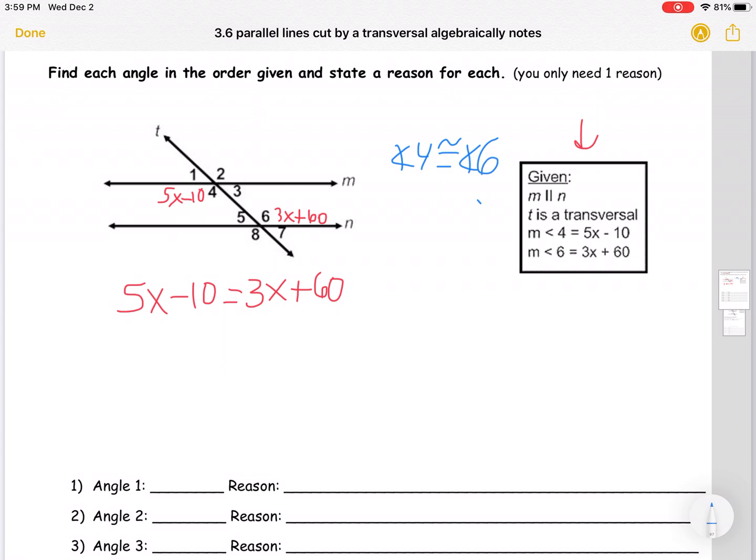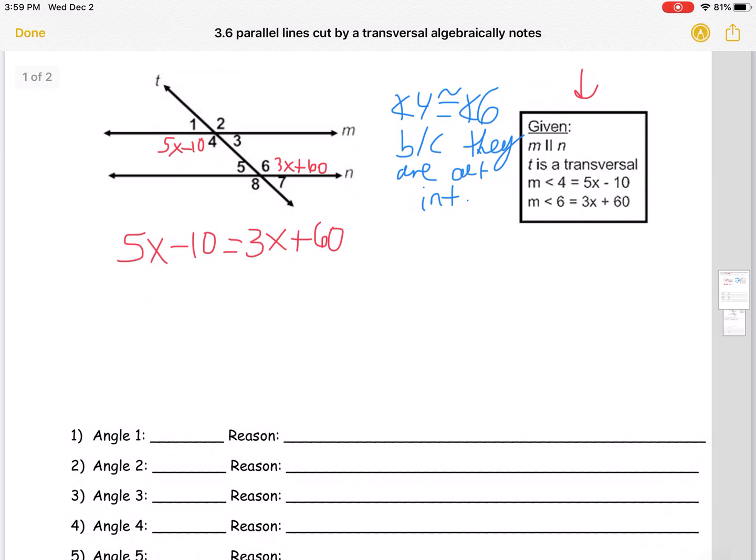And the reason I know that is because they are alternate interior. So since they're alternate interior and since M and N are parallel, I can set these equal to each other because I know that their measurements have to be equal. Similar to when we were dealing with vertical angles a couple lessons ago, right?